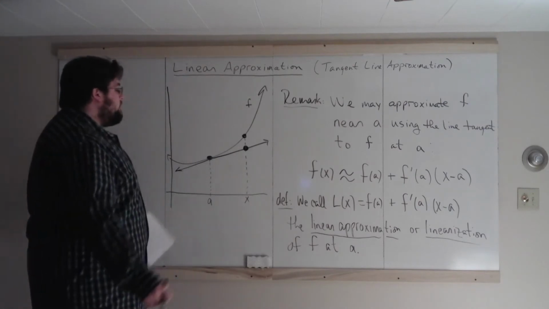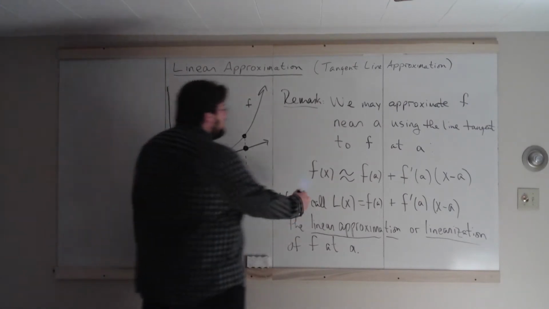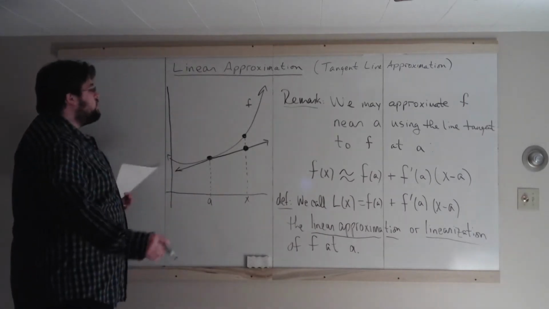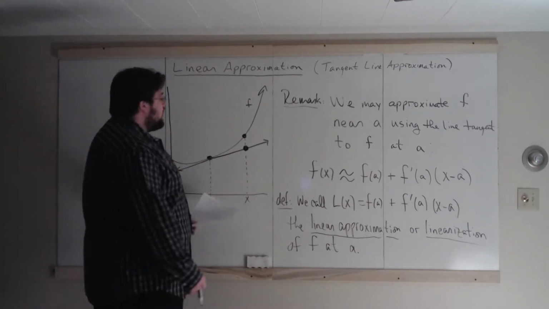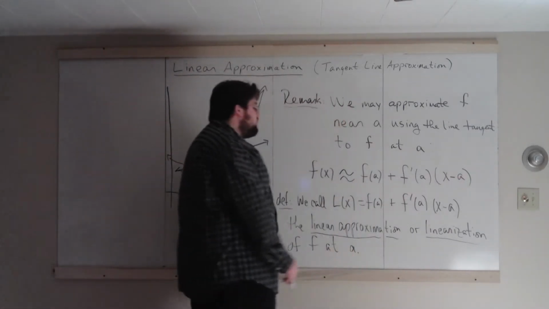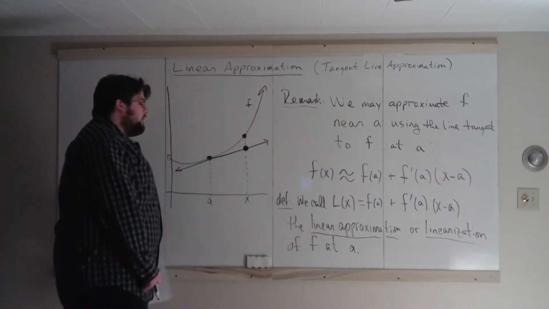So as a definition, the goal here is to define something called the linear approximation, because that's in general what we are doing. So we're going to call this function right here a new function. We're going to call it capital L of x.